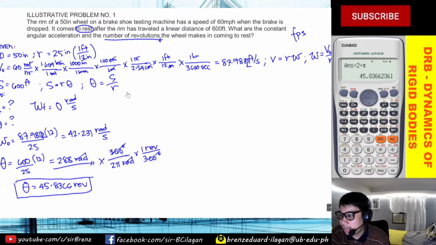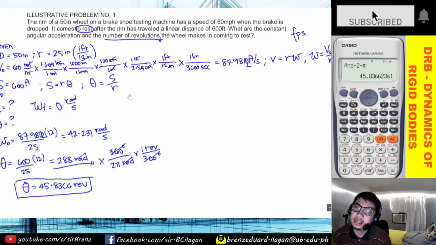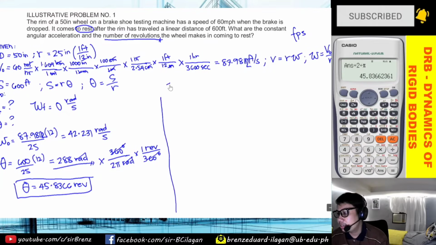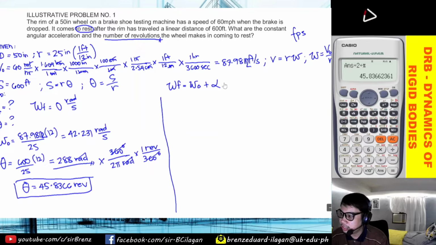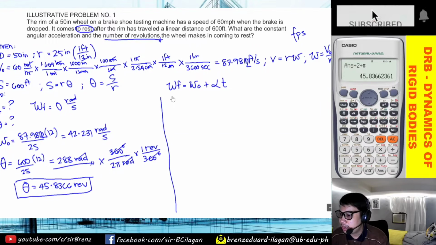So again, para malaman yung angular acceleration natin, ilatag mo muna ulit yung mga equation na pwedeng gamitin. So the final is equals to initial plus angular acceleration times the time. Yung isa, we have theta is equals to initial velocity times t plus 1/2 of a t squared.